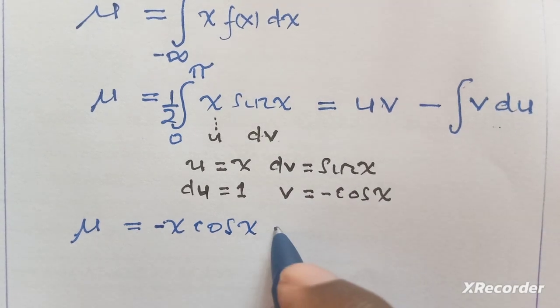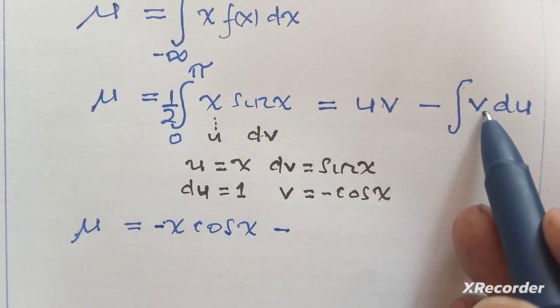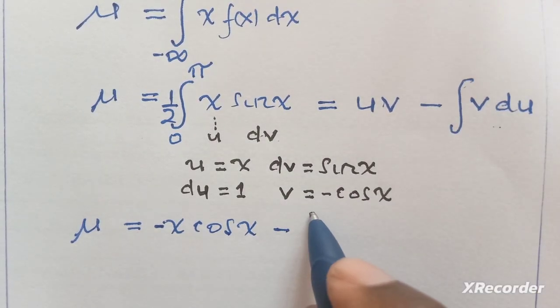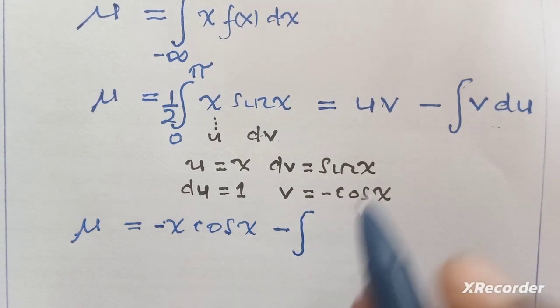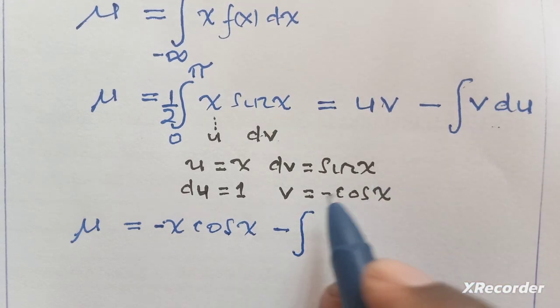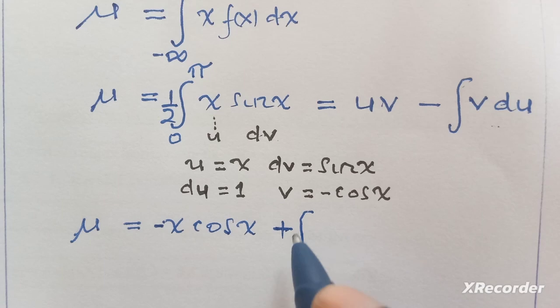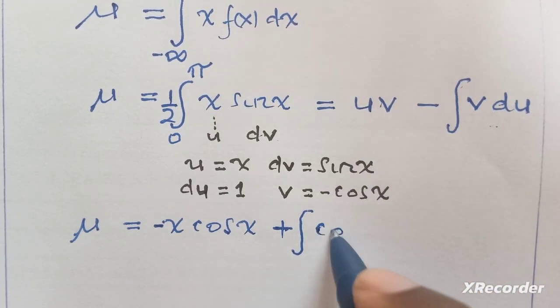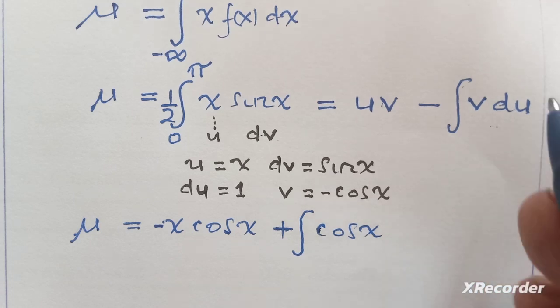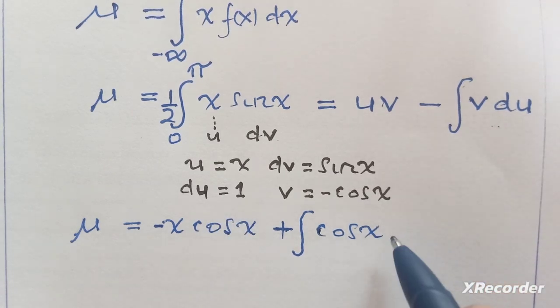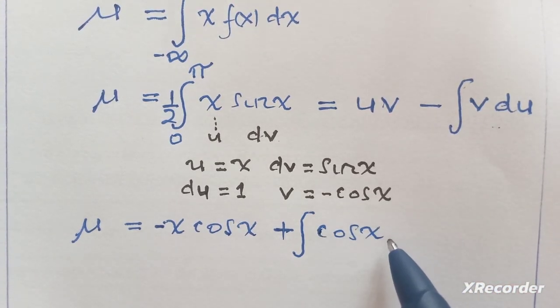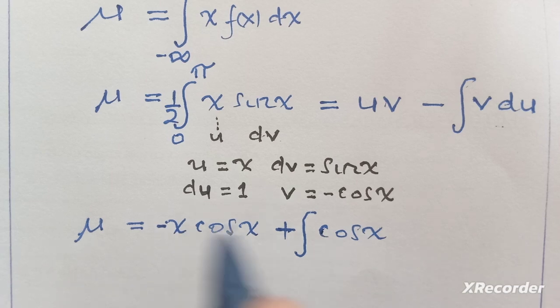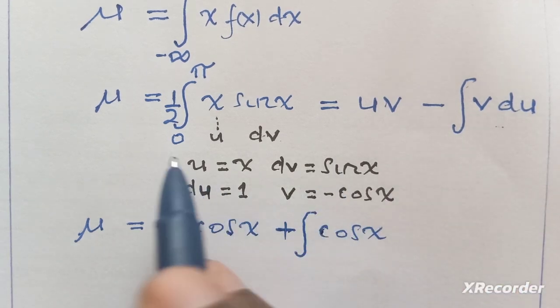Then minus, we now come to the integral of v. Since v has a negative, this one will change to plus. So now v is cos x, and the du is supposed to be 1. So it now remains like that. Not forgetting, guys, we still have a half.